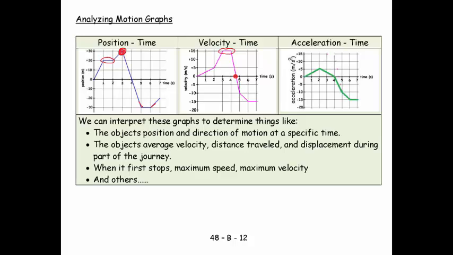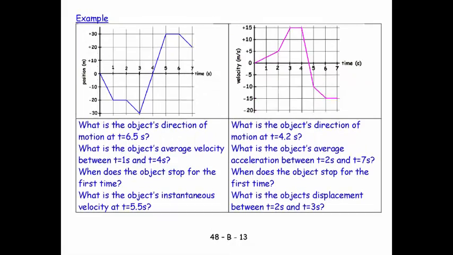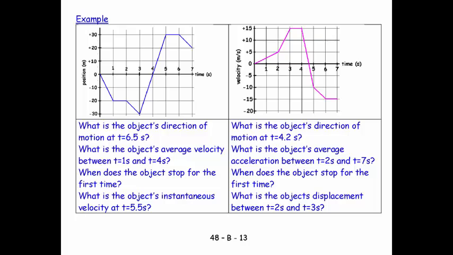We can interpret these graphs to determine things like an object's position and direction of motion at a specific time, an object's average velocity, distance traveled, displacement during part of the journey, when an object stops, the maximum speed, the maximum velocity, and many other things. There's probably 30 questions I could get out of a series of graphs like this. So please make sure you focus on this for a little bit.